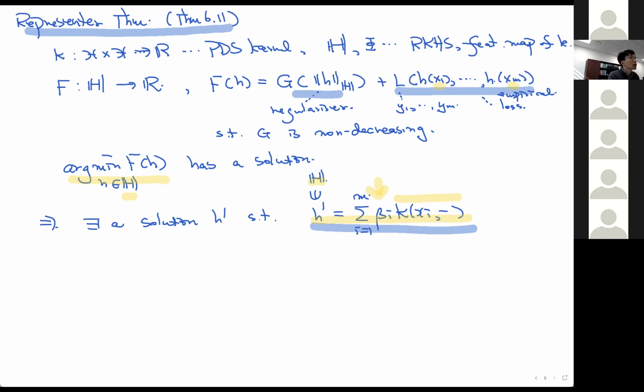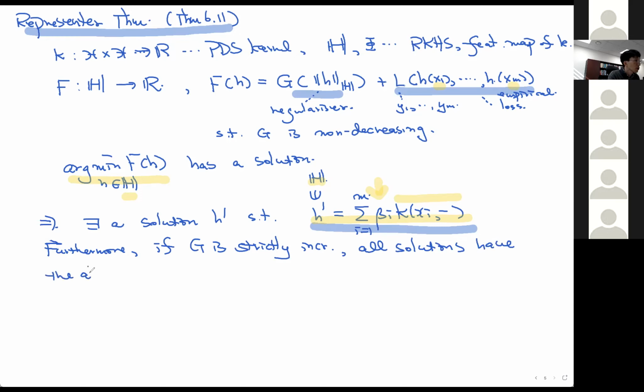And then furthermore, if G is strictly increasing, then all solutions have the above form.